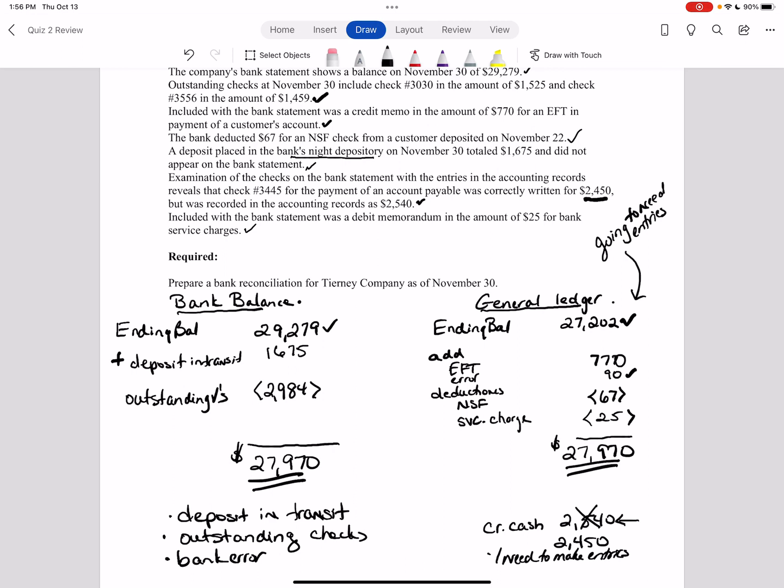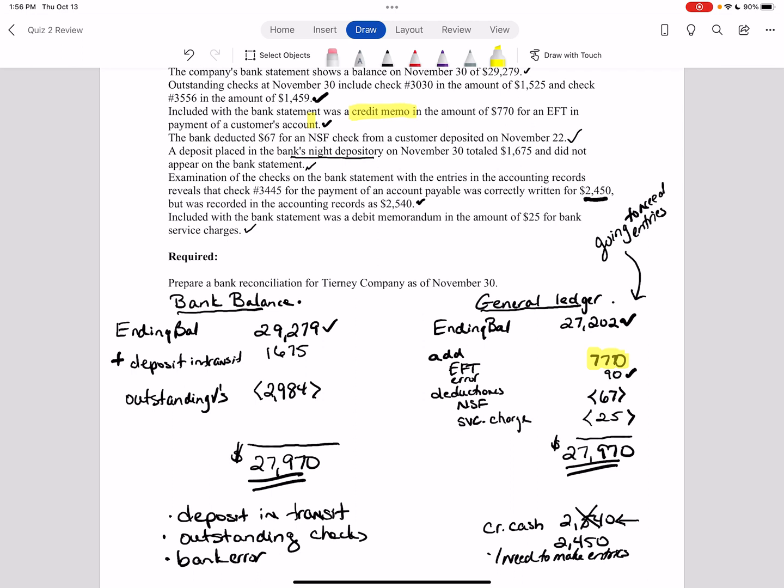Very last thing I want to say to you, and don't let this confuse you, but some of you may have keyed in up here, right, and said, wait a minute, I don't understand. You said included with the bank statement was a credit memo in the amount of $770 for an EFT. But yet you told us down here that when we have money coming in from the customer, it's ultimately going to add to cash, and we add to cash with debits.